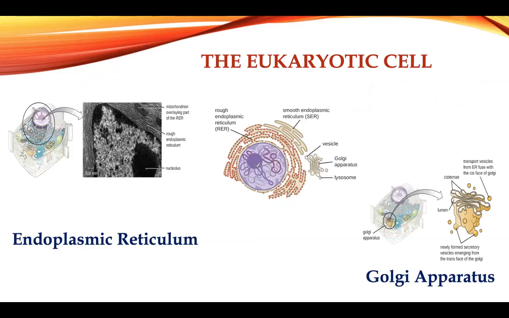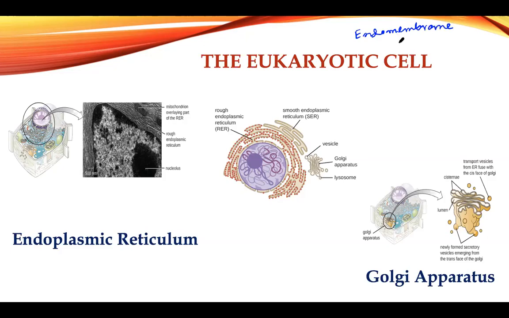Endoplasmic reticulum. So these are the endoplasmic reticulum. It is part of the endomembrane system, which is a very characteristic feature of eukaryotic cells.